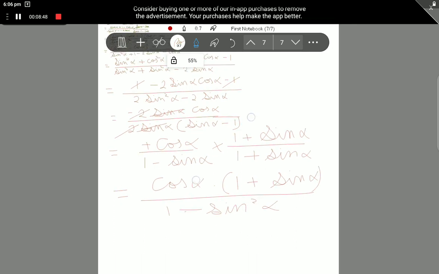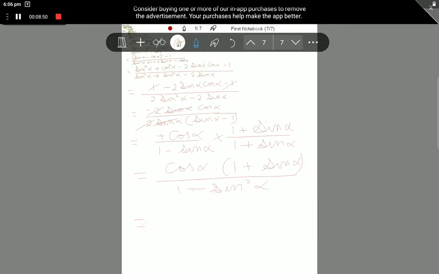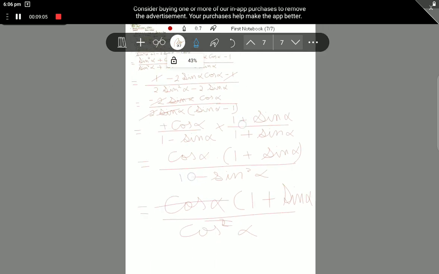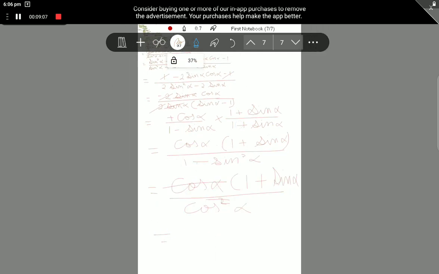But 1 minus sin squared alpha is cos squared alpha, so cos alpha into (1 plus sin alpha) divided by cos squared alpha. And if we cancel cos squared alpha and cos alpha, we are done. We have the required result, (1 plus sin alpha) by cos alpha.